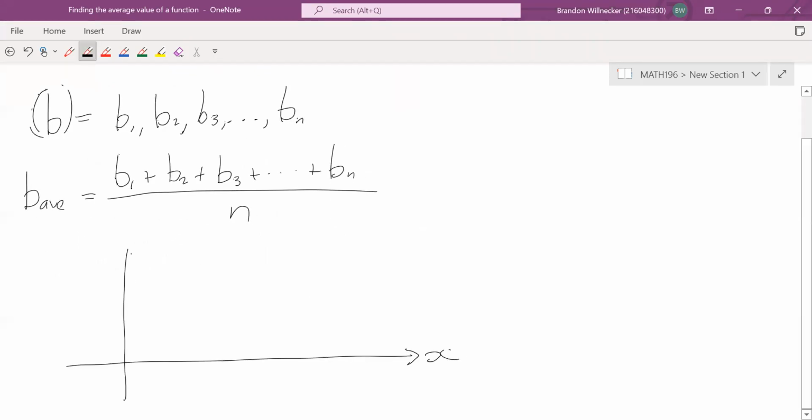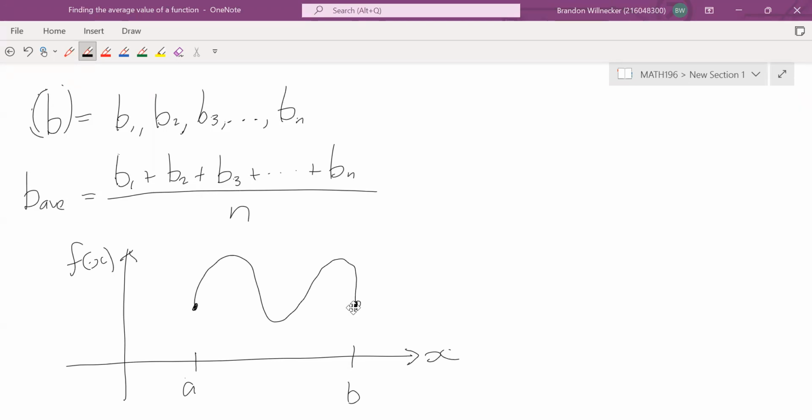So if this is x and this is f of x, then between a and b, our function might do something like that. And what we want to do is find some constant function that is the average of this function over the interval.